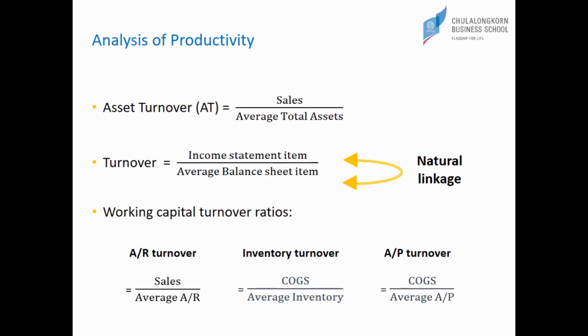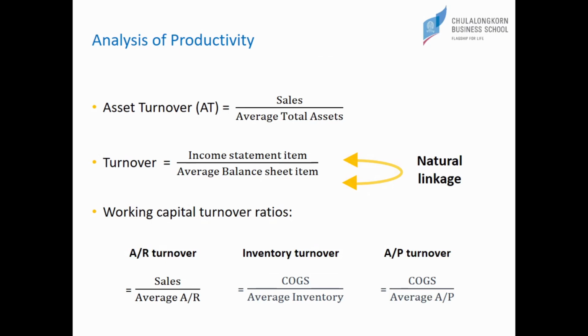And the next one is the inventory turnover ratio, and it's the cost of goods sold divided by average inventory. And the accounts payable turnover ratio is cost of goods sold divided by average accounts payable. So you may have noticed that here the accounts receivable turnover ratio uses sales, while the other two use the cost of goods sold, right?